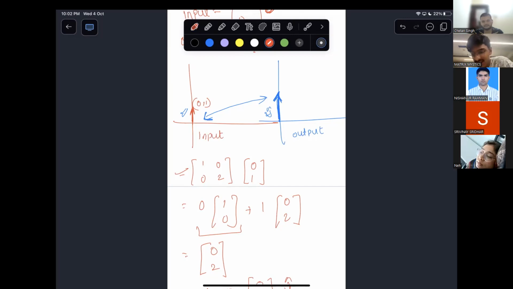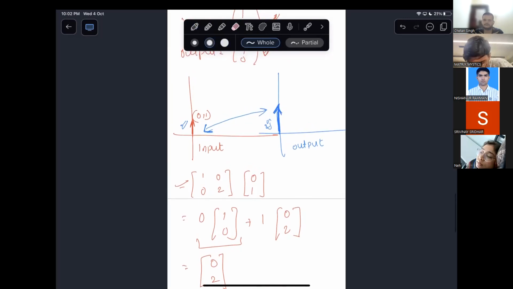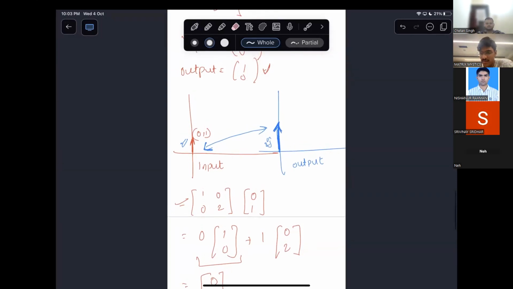I hope it is clear how this matrix is a function and how it is modifying the input and giving us the output here. Basically, the matrix is representing the first column where it is taking 1, 0, and the second column where it is taking 0, 1.